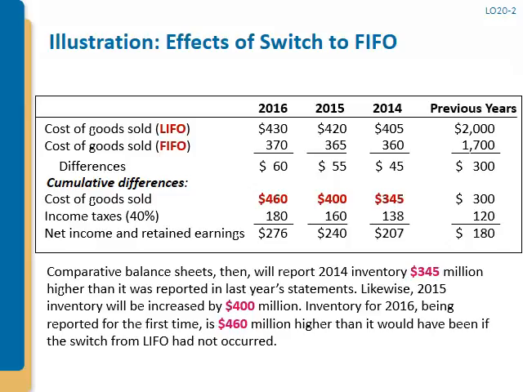Comparative balance sheets then will report retained earnings for 2016, 2015, and 2014 at amounts $276, $240, and $207 million higher than would have been reported if the switch from LIFO had not occurred. These are the cumulative net effect differences shown in the illustration.